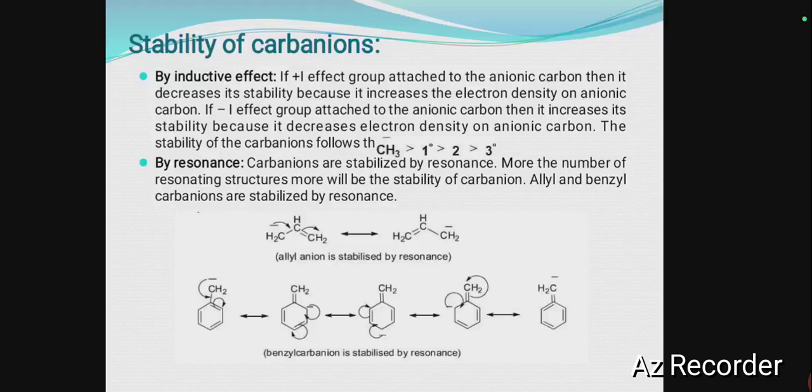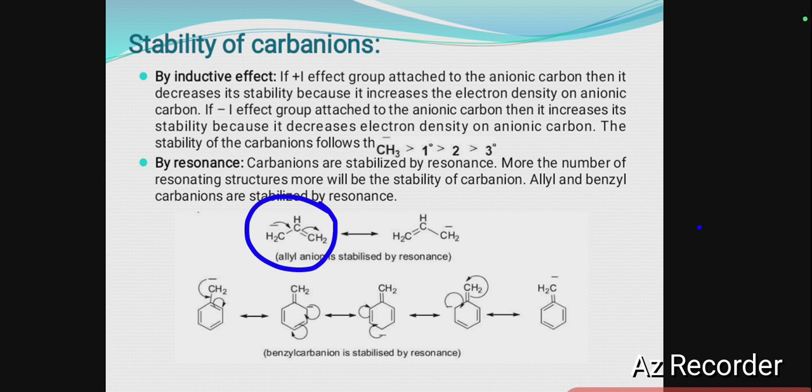Second one is by resonance. Carbanions are stabilized by resonance. The more the number of resonating structures, the more will be the stability of the carbanion. Here in case of allyl, this is the allyl carbanion. Allyl means the carbon atom which is attached to the carbon atom involving the double bond.